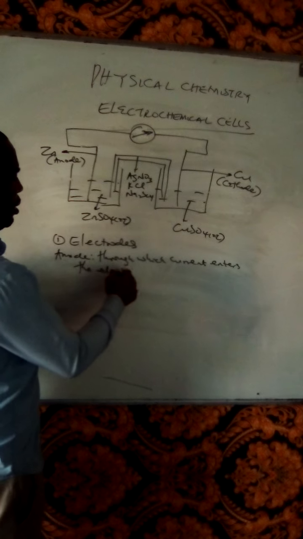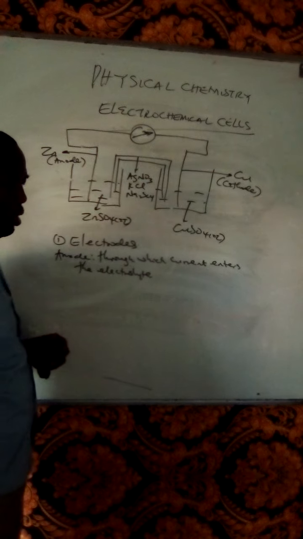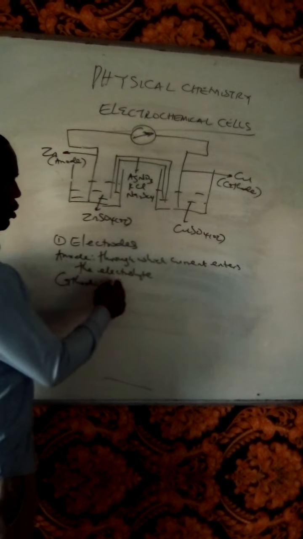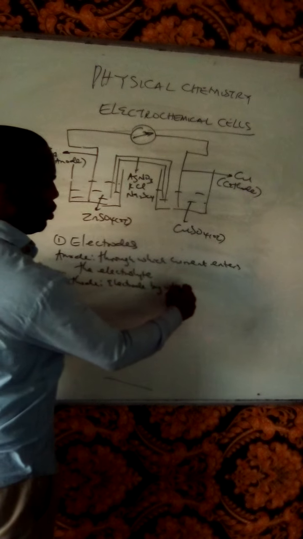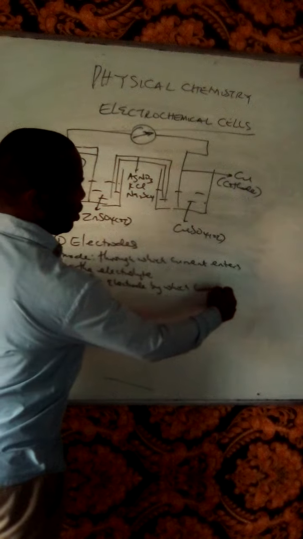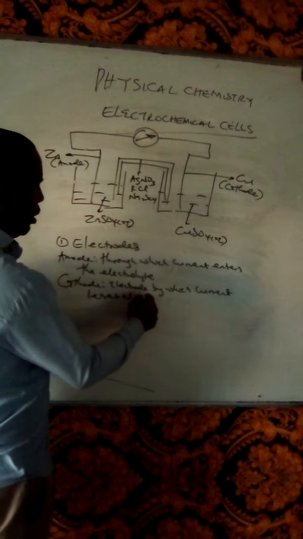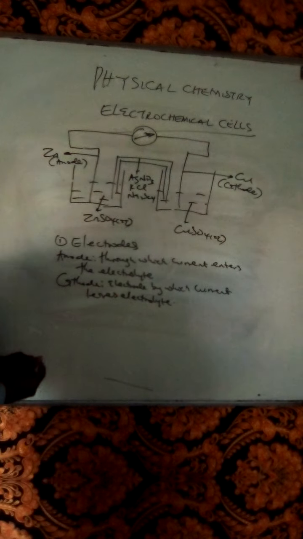The liquid inside each container is called an electrolyte. Then the cathode is the electrode by which current leaves the electrolyte. So a simple cell has two electrodes, the anode and the cathode.